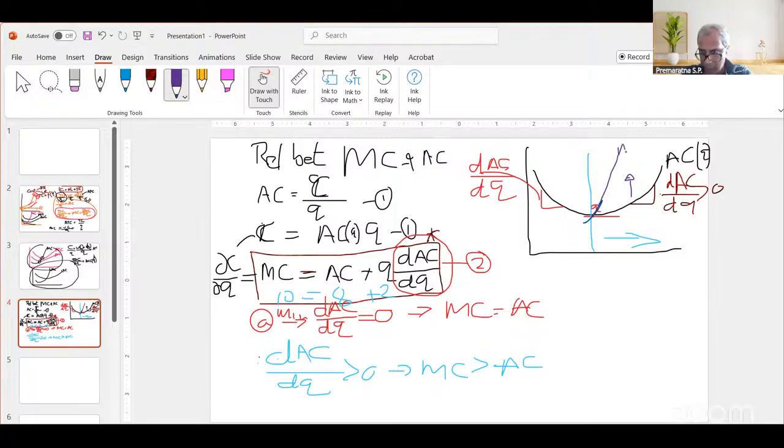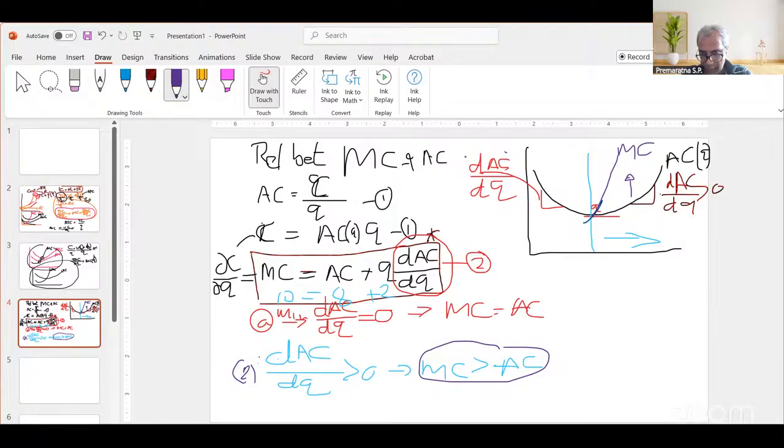So this is the marginal cost. You see, the marginal cost is greater than the average cost after that point. Now the third case, negative slope of the average cost curve.